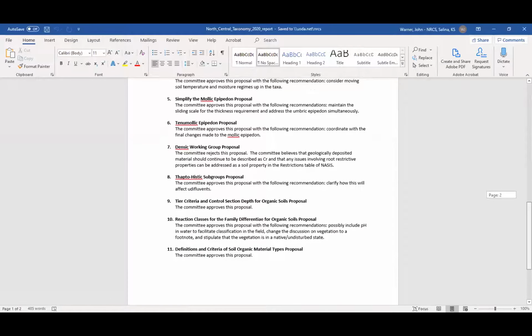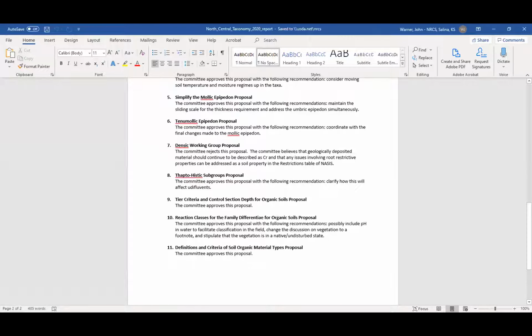Simplifying the Mollic. Now this is very important to our region. We've got a little bit of Mollisols in the area, and I'm all for simplifying them, but at some point it doesn't seem like they're doing that. So our recommendation was maintain the sliding scale, and also address the umbric epipedon simultaneously. Now, there were some things about making maybe a solid depth of 20 centimeters, and we realize that causes some issues with some areas.